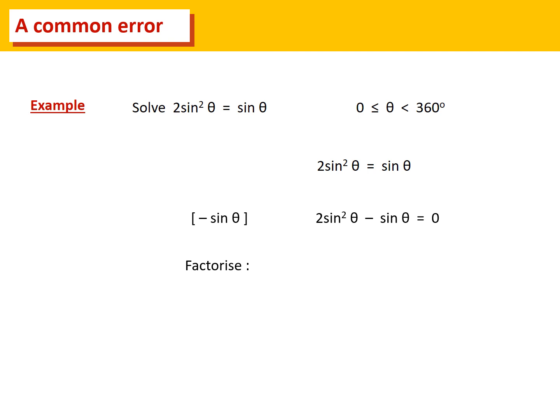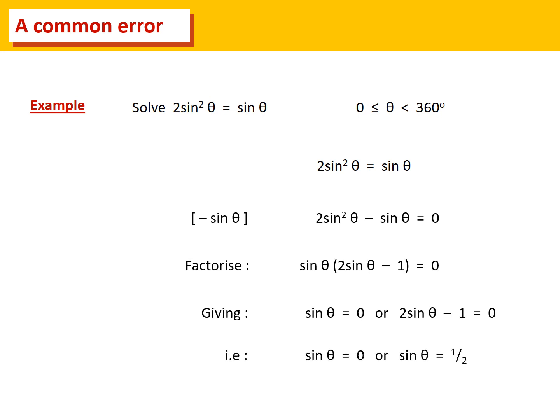Both those terms can be divided by sine theta, so we can factorize it as sine theta times 2 sine theta subtract 1 equals 0, and that gives sine theta equals 0, or the bracket, 2 sine theta subtract 1 equals 0. Then from there, you go on to solve those 2 equations, sine theta equals 0 or sine theta equals a half. I won't finish it off from here because I'm quite certain you know how to do that by now.